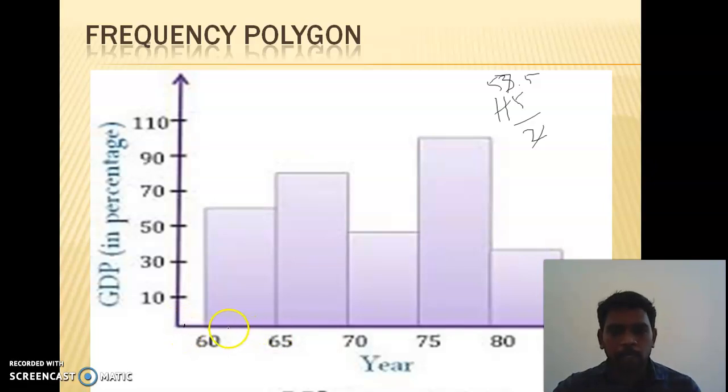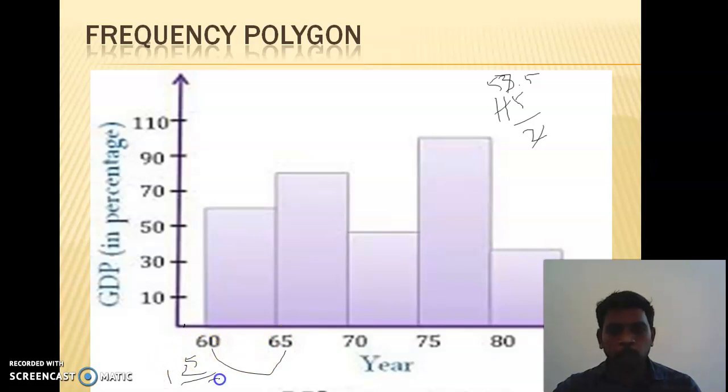Okay. And next we are going to mark the middle of 60 to 65. How can you find the middle of 60 to 65? Just add these two and divide by 2 again. So 60 plus 65 is 125.